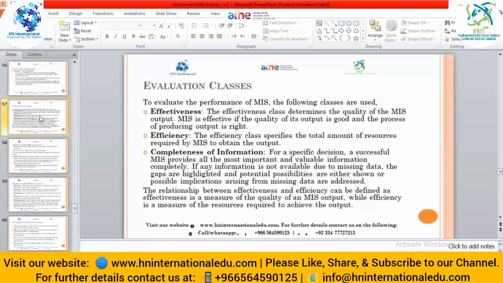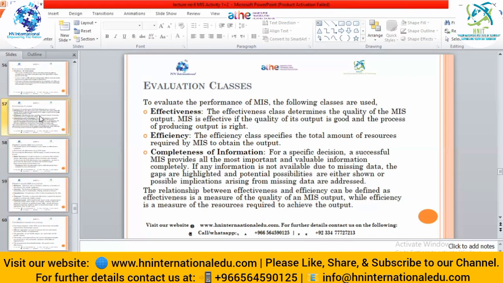Completeness of our information. For a specific decision, we have to provide the complete information. We are not missing any values, we are not missing any data. All the data will be available. Like if we are going through the data for a whole year, all the months and dates are available inside the data.